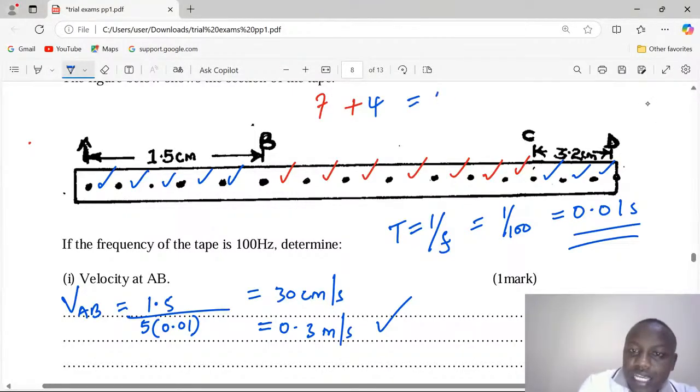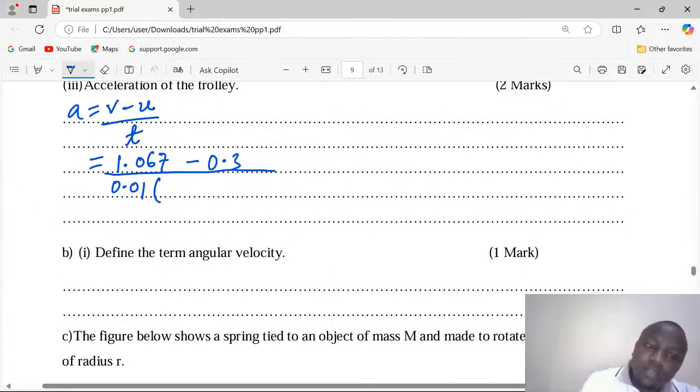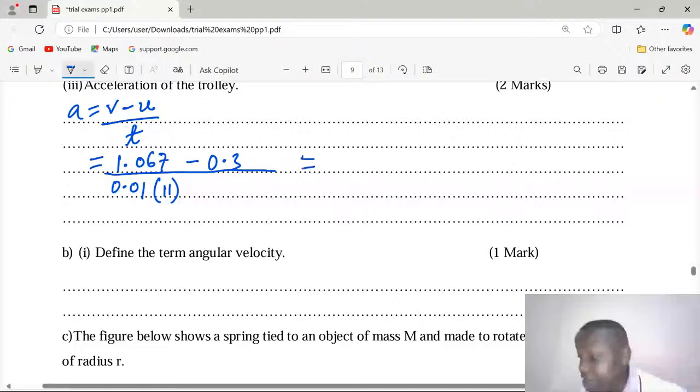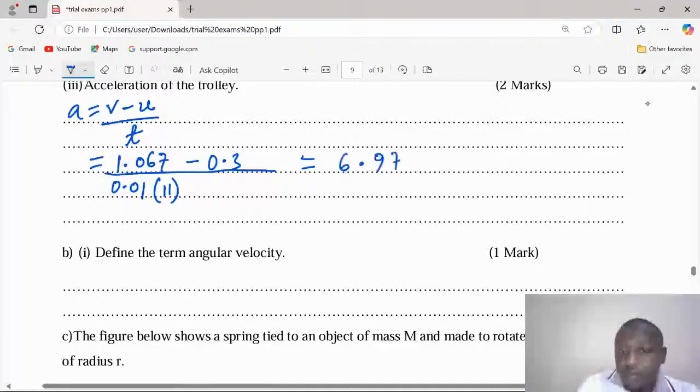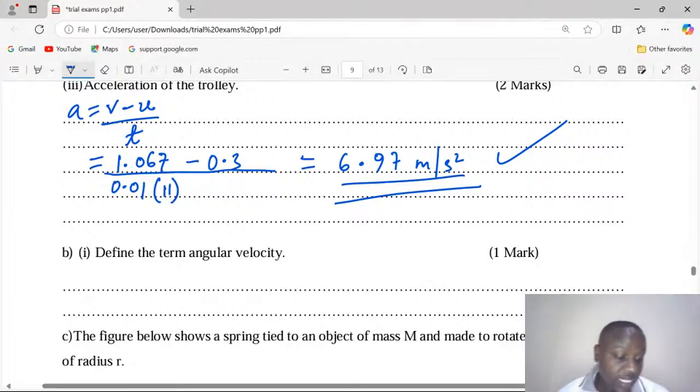So we'll be using 11 spaces. This is going to give us 9.7 meters per second squared. So that is how we get acceleration from a ticker timer.